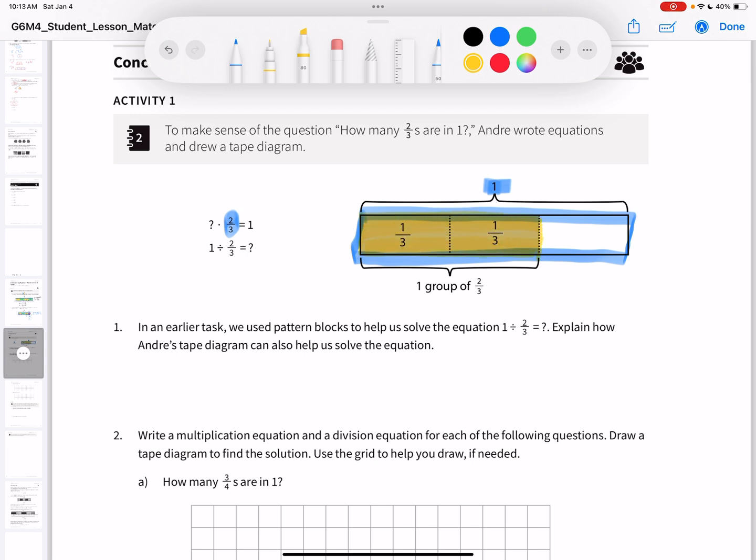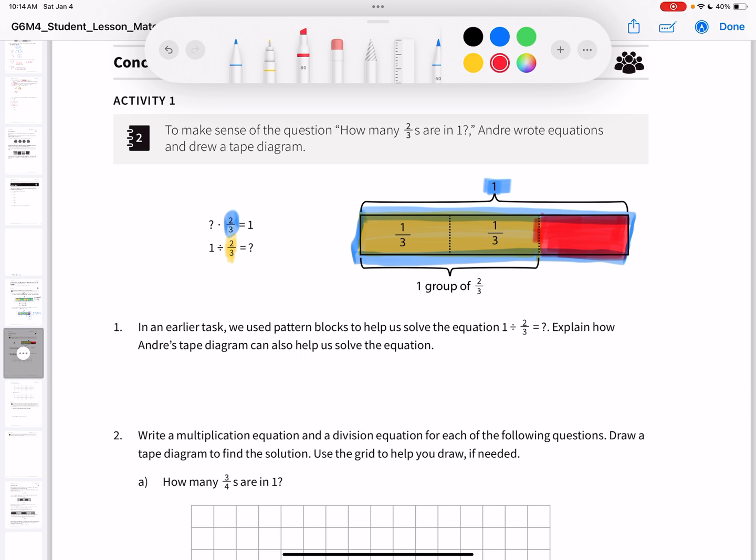We can see a group of 2/3, and he's split his whole into 3 pieces, right? So you can see here's the 2/3, and we have one group of that. And then we have this leftover piece right here, okay? It is worth 1/3 in the whole, but it is worth something different for the group, right?